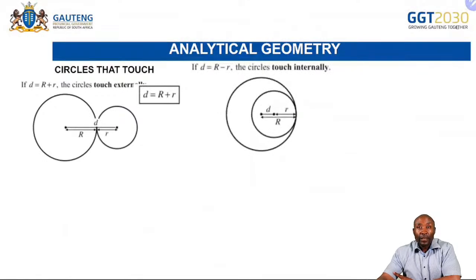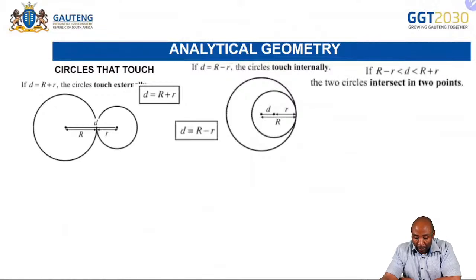Then if the circle touches internally, one circle is inscribed inside the other but touches one part of the circumference of the other circle, then it means the distance between the 2 centers of the circles will be equal to the radius of the smaller circle subtracted from the radius of the bigger circle, and it would look like that.